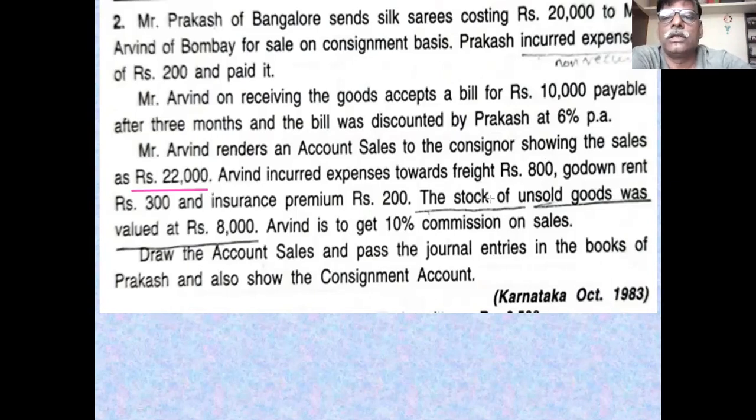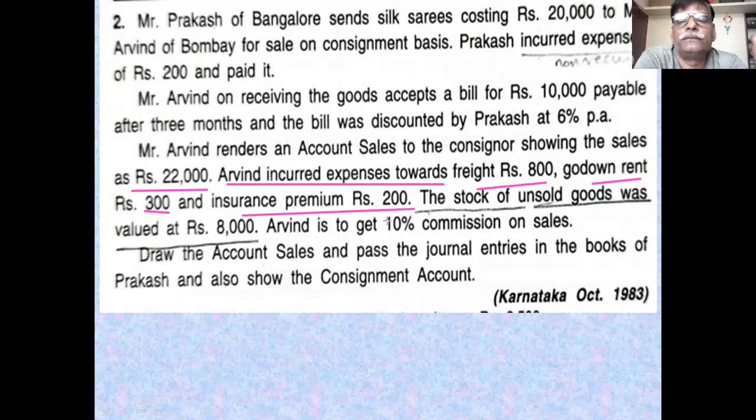22,000 rupees sale is there. This comes under consignment account credit side. The next is expenses incurred by Arvind: freight 800, godown rent 300, and insurance premium 200.